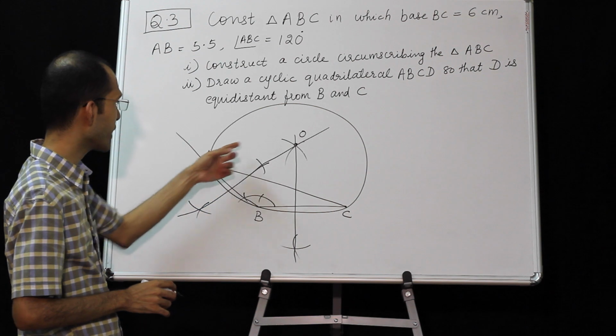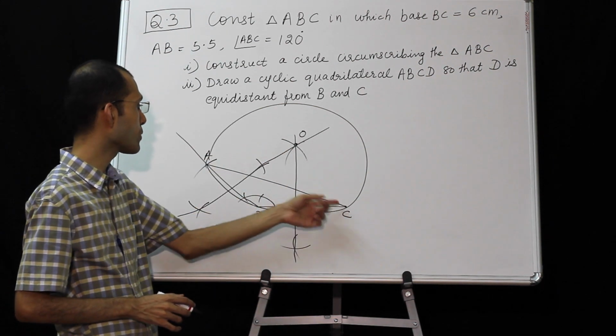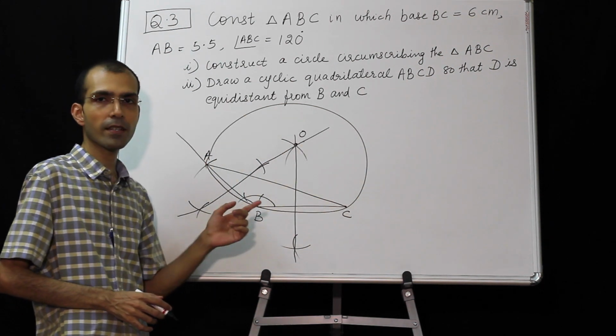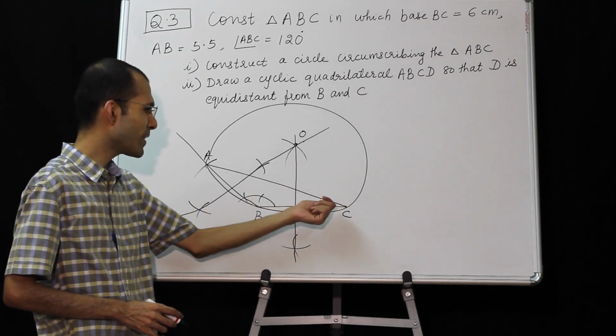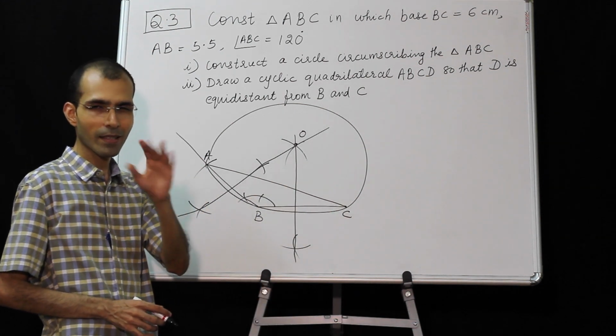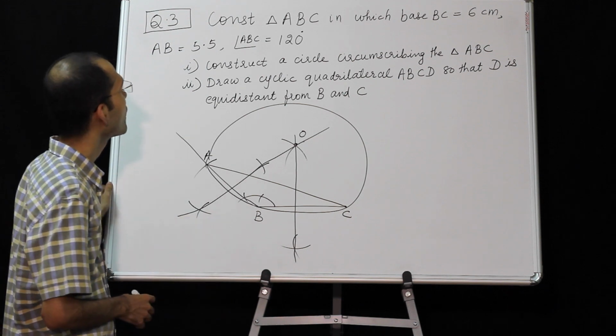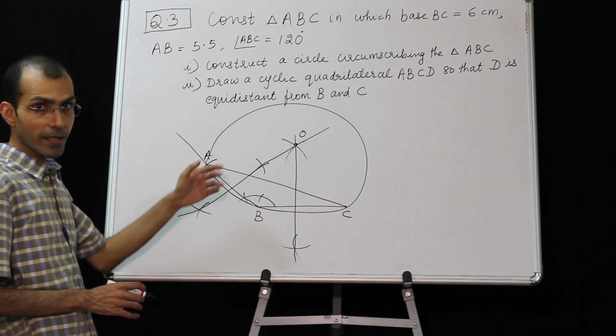It will nicely pass through A, B and C. If it slightly does not pass through one of the points, leave it, no problem. This is now done till here.